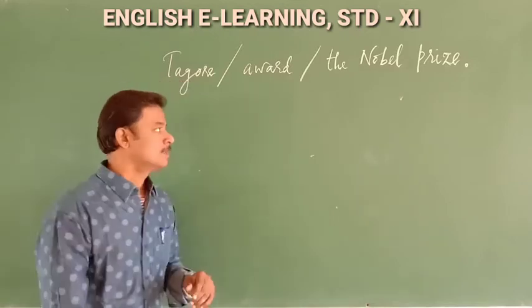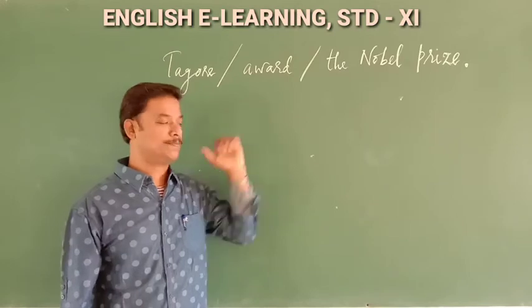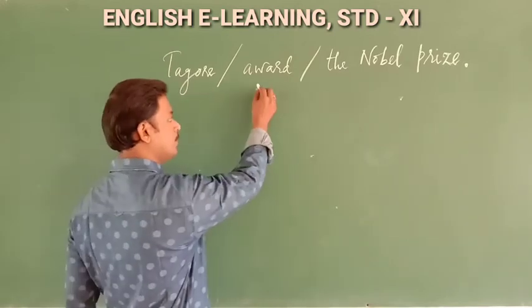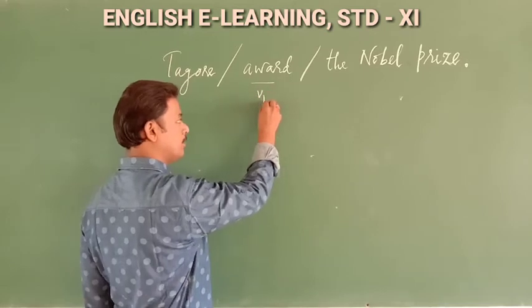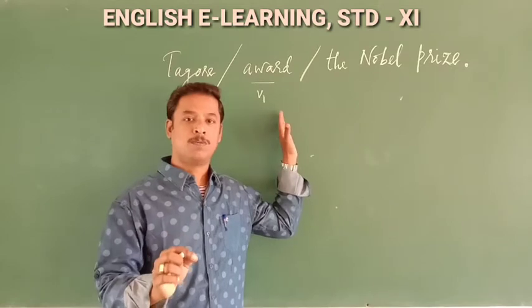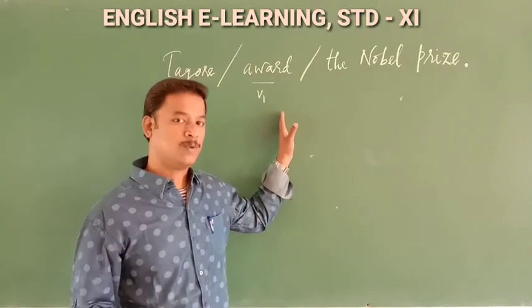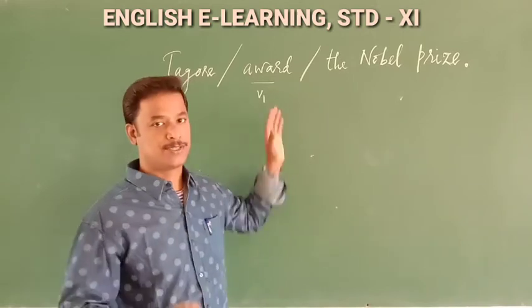Right. Here we must analyze the verb. What is the verb used here? Award. It is in verb 1, that is, it is in the base form only. We cannot predict what tense form it has.